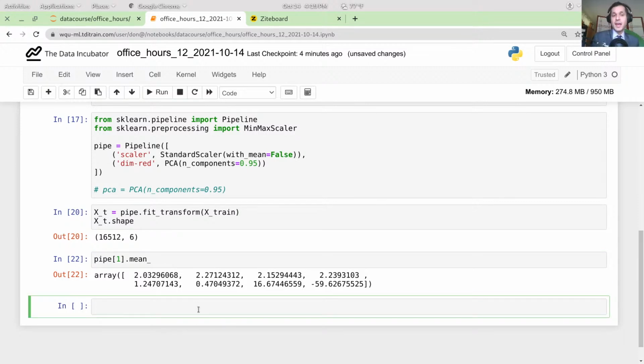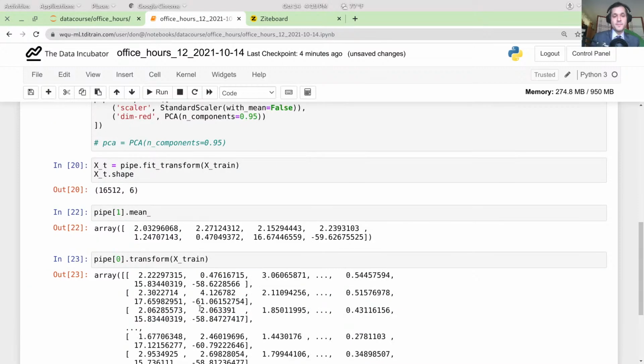Let's go ahead and make sense of it. If I take my pipeline and I say, well, let's just call transform on the first step. Well, there's my data, and if I calculate the mean for every column down the rows, that's axis equals 0.